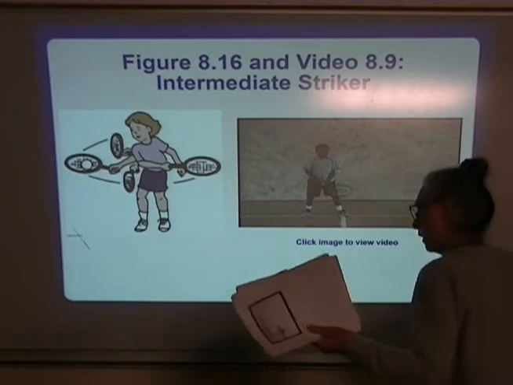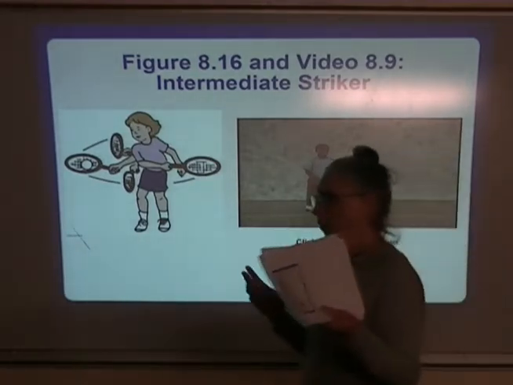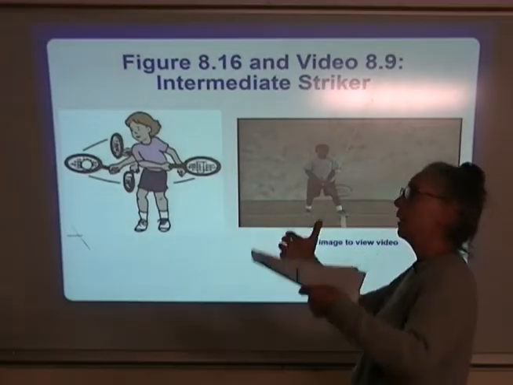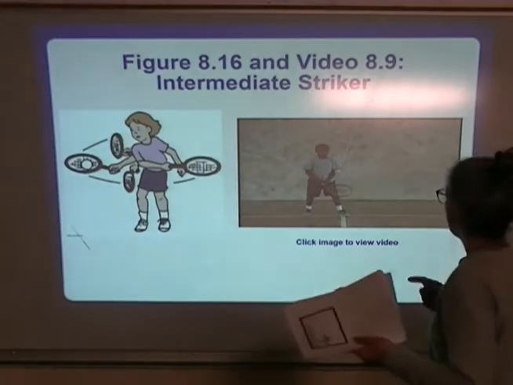A lot of tennis players take an open stance and use a lot of top spin now. So as you get more advanced, the shots start to look a little bit more different.